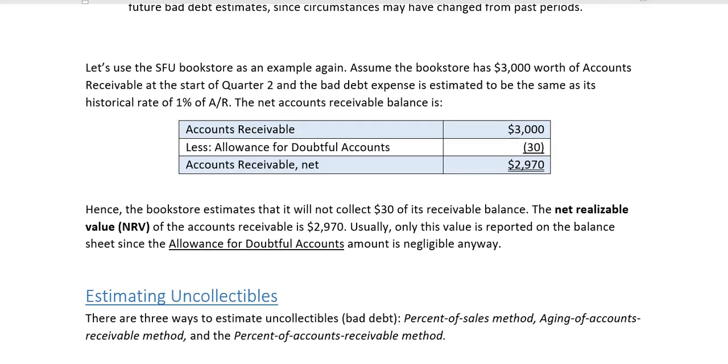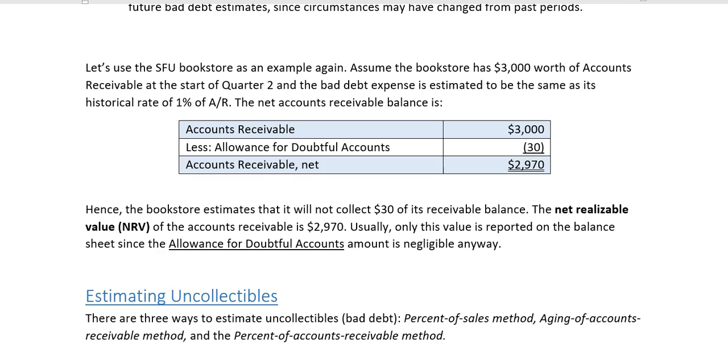Let's use SFU Bookstore as an example again. Assume the bookstore has $3,000 worth of accounts receivable at the start of quarter 2, and the bad debt expense is estimated to be the same as its historical rate of 1% of AR.